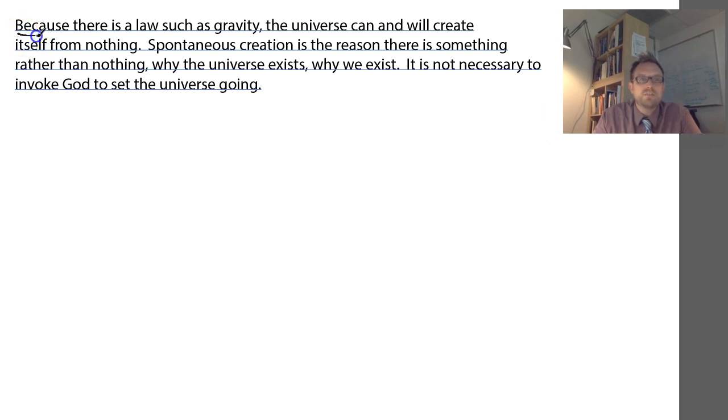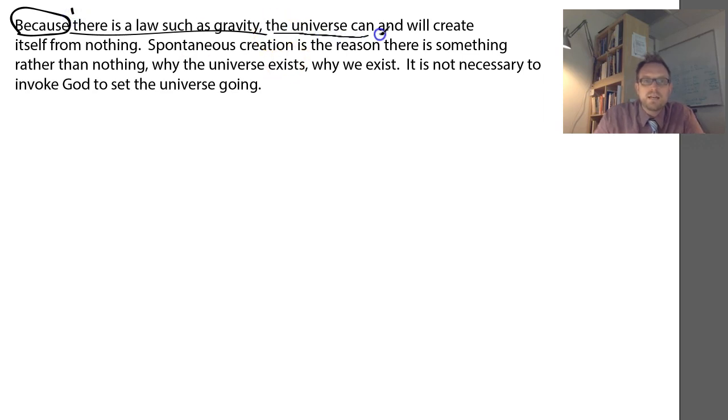Now notice we have a because there is a law of gravity. This is a premise indicator term, which tells us that there is such a law of gravity. Because there is such a law of gravity, the universe can and will create itself from nothing. So this is number one.